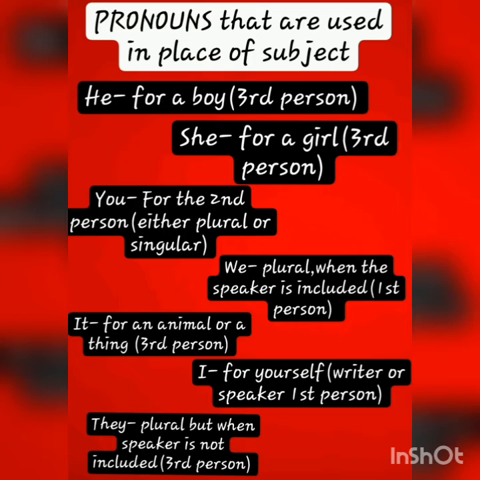If it is they, then it will become them. Next, if it is it as a subject, in object it will become the same, it. If it is she in the subject, then it will become her. If it is he in the subject, then it will become him. It means pronouns as an object are always used in the middle or at the end of the sentence, but not at the start of the sentence.